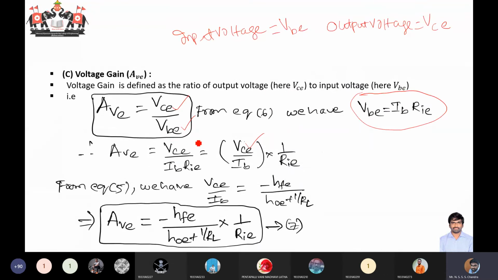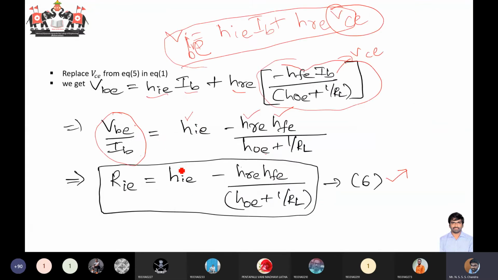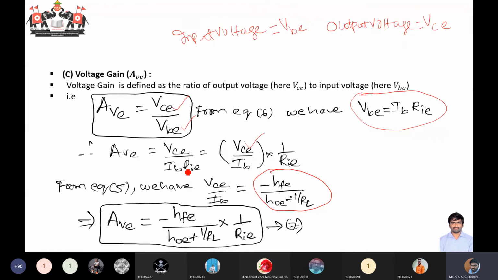So now your AVE will be equal to minus HFE by HOE plus 1 by RL into 1 by RIE. RIE again we have a different expression. So this is your RIE. In some numerical problems, first you need to find out RIE, and then you need to find out this voltage gain.